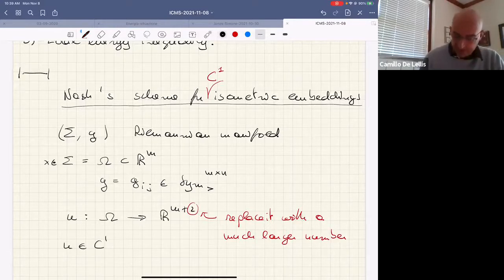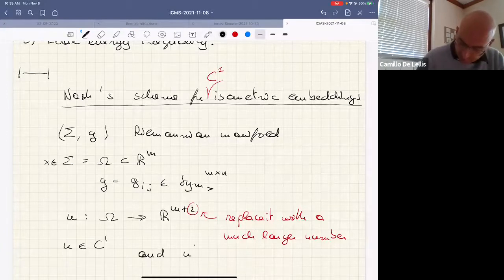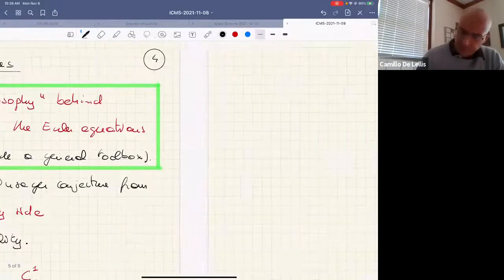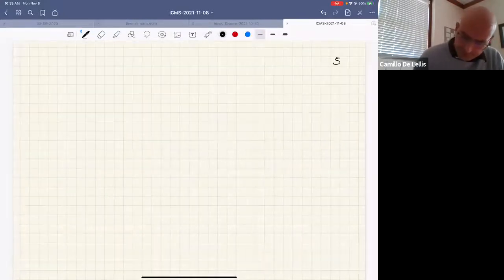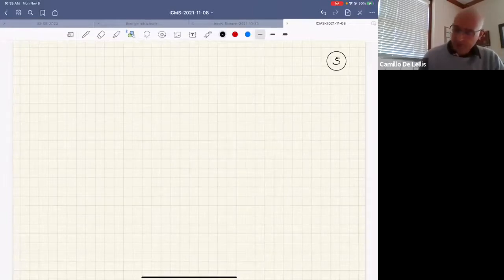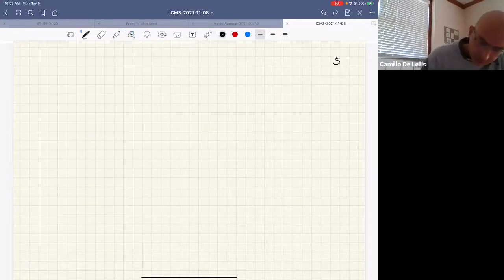and it pulls back the classical Euclidean metric on the Euclidean space to your metric g. So if I denote the Euclidean metric by e, this gives you the metric g, which in coordinates just means that when I take the derivative of u, transpose it, and multiply it by Du, I get the matrix g.